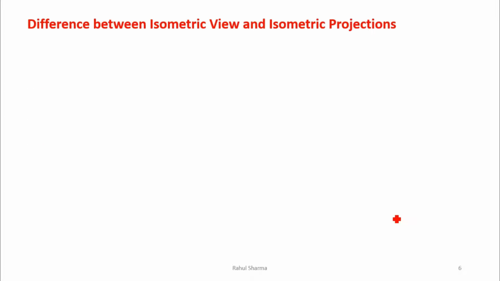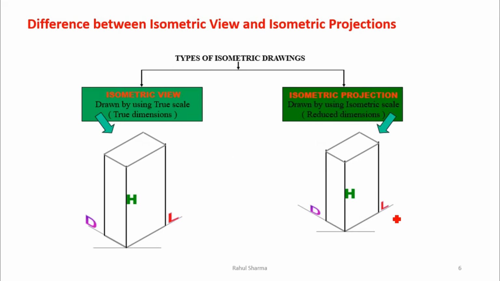So let's talk about the difference between isometric view and isometric projection, a very important topic. Whenever we draw an isometric drawing, in actual we tilt the object, making a point contact with the ground. We tilt the object at 30 degrees on both sides. If you imagine an object in this way, we cannot see the true dimension.